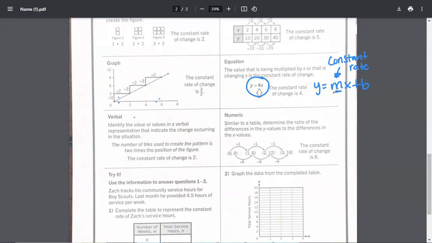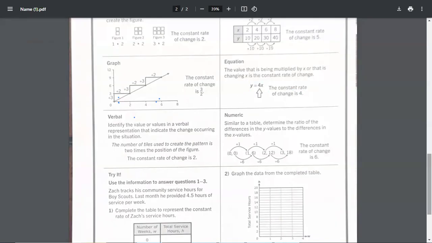This time it's a 4. m is just a variable representing a number we don't know. On that equation right here, they gave us the number 4. So 4x is actually mx. So my constant rate is 4. So when you see just an equation like this, that's how you're going to find your constant rate of change. It's going to be that number attached to the x. It's always your m, and it's always mx.